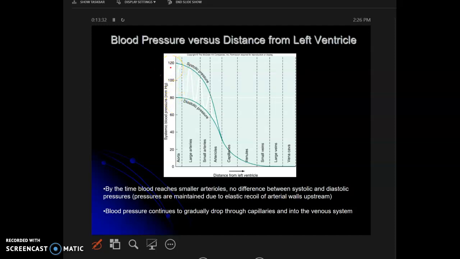The correct or the standard normal blood pressure is 119/79. This 119 is the systolic pressure of what? Systolic pressure, all right? And the 79 is the diastolic pressure. Obviously, we are talking about the ventricle. So here is the blood pressure. Okay, so you have to know this.